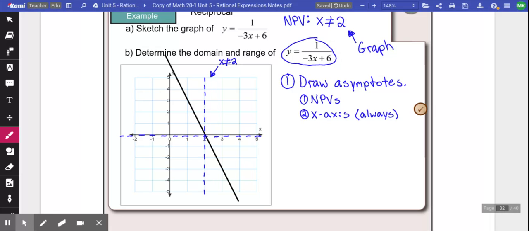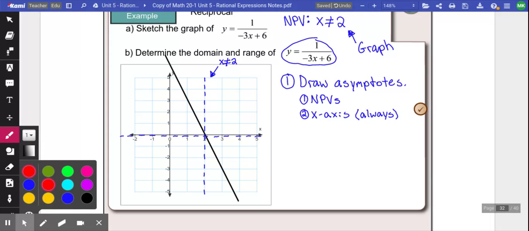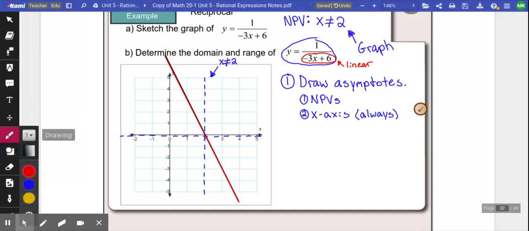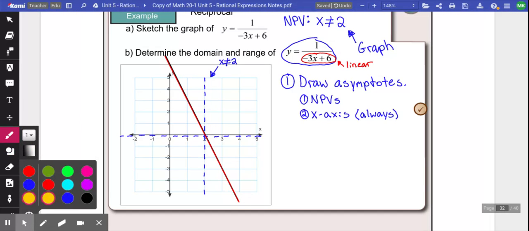The second thing I do is I go to the original function. So this right here, my linear function, it's already drawn for you on your page, is right here. And I'm going to find something on that graph. And what it's called is an invariant point.